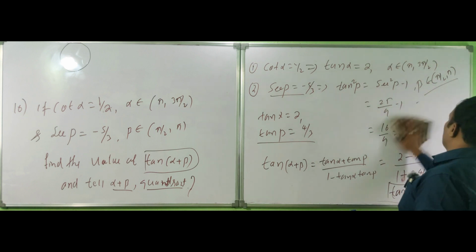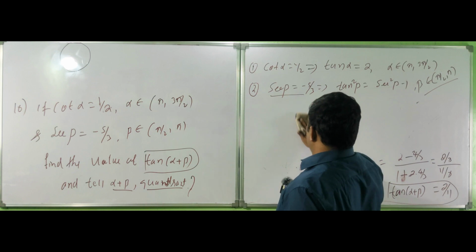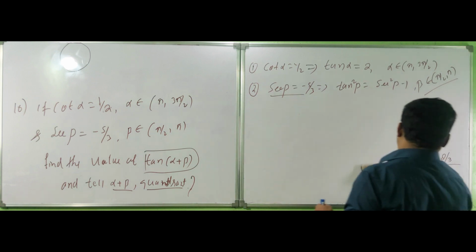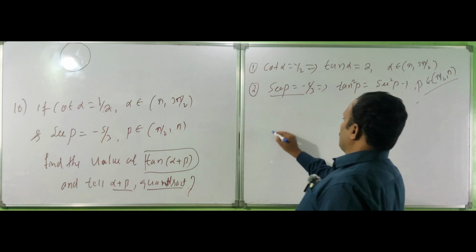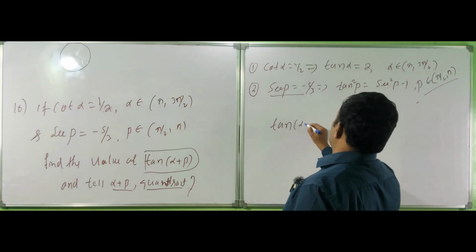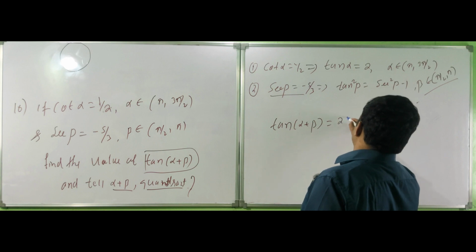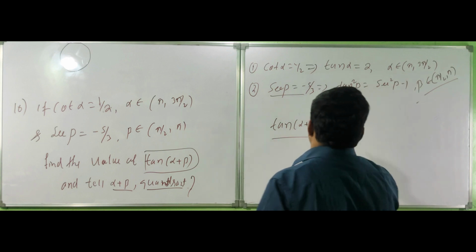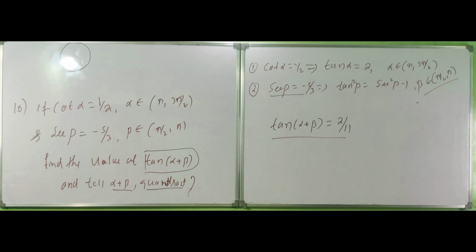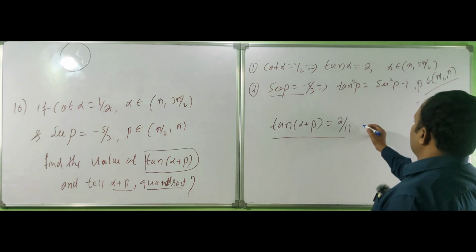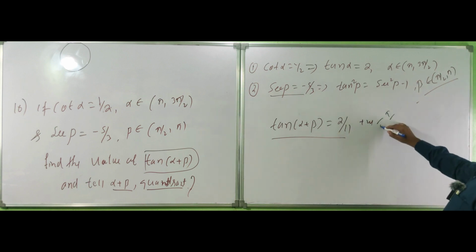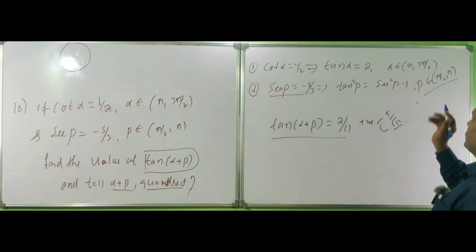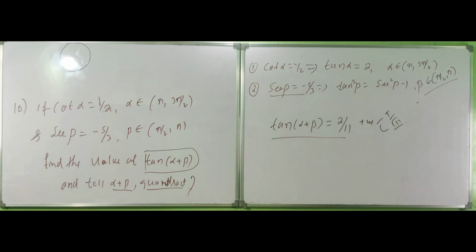Okay, sir, our motto here is the conclusion: alpha plus beta belongs to which quadrant? So tan(alpha plus beta) we have is 2 by 11. Tan is positive here. Positive, by the ASTC rule, either belongs to the first quadrant or belongs to the third quadrant. But let's take the condition on alpha plus beta.